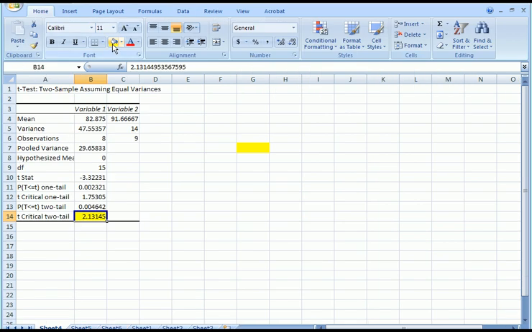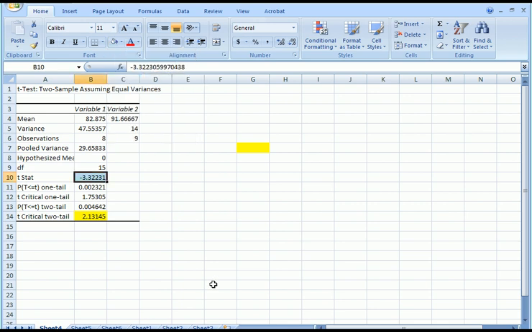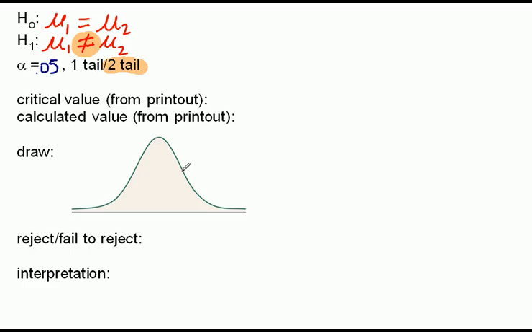Critical value, since I have not equal. And I'm going to compare that to the calculated value. From Excel, my critical value, the important part that distinguishes statistical significance from non-statistical significance, is 2.13.